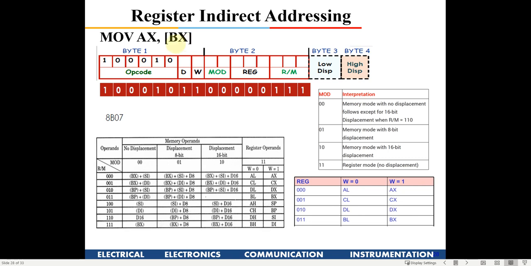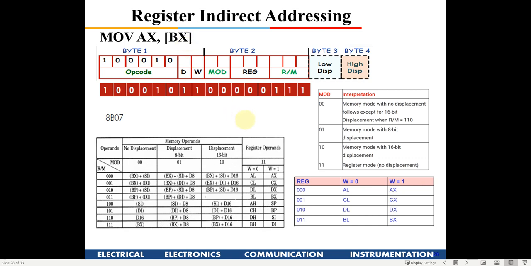Yes, sir, understood. Correct. BX doesn't have the data. It just has the displacement or offset of the memory location. Whereas the data segment contains the MSB of the address. So using BX and DS, the memory location will be computed.